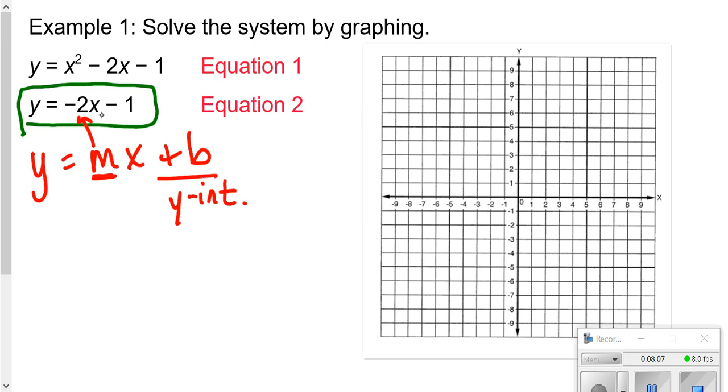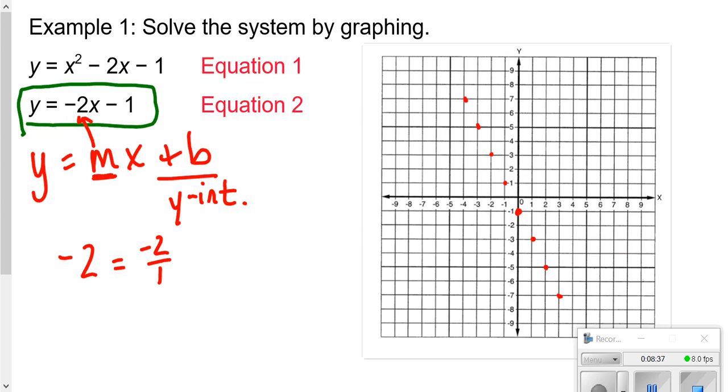So I know for this problem, I go to negative 1 on the y-axis. This is the point 0, comma, negative 1. And then I go down 2 and over 1, because negative 2 is the same as negative 2 over 1. So that's a negative rise of 2 and a run of 1. Negative rise is going down, run of 1. Negative 2, 1. And I can keep doing that in both directions.